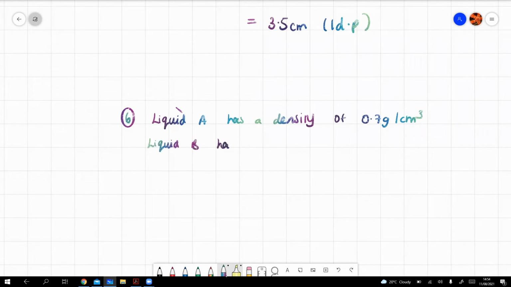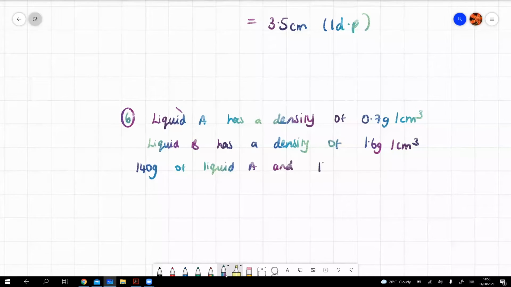Liquid B has a density of 1.6 grams per centimeter cubed. Then 140 grams of liquid A and 128 grams of liquid B are mixed to make liquid C.